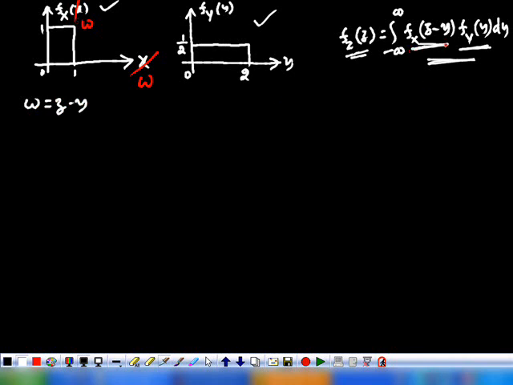We have to find fX of z minus y from the integral. So first replace the variable x by the dummy variable w and substitute w equal to z minus y. From this, what is y? y is equal to z minus w.